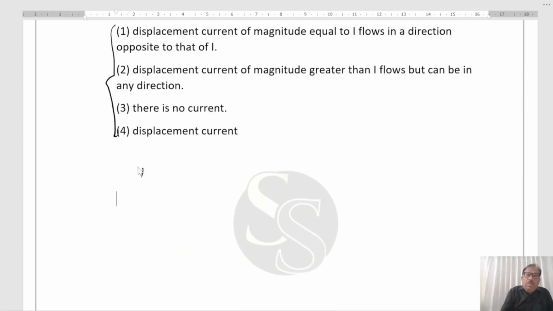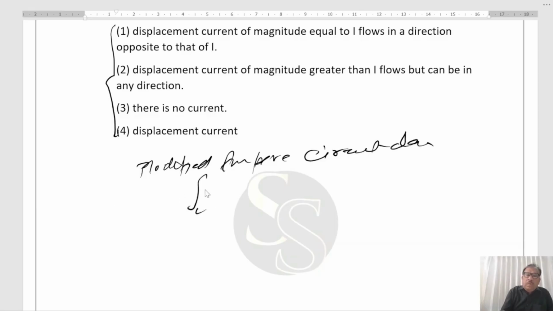What is the modified Ampere's circuital law? The integral of B dot dl equals mu naught times (IC plus ID).